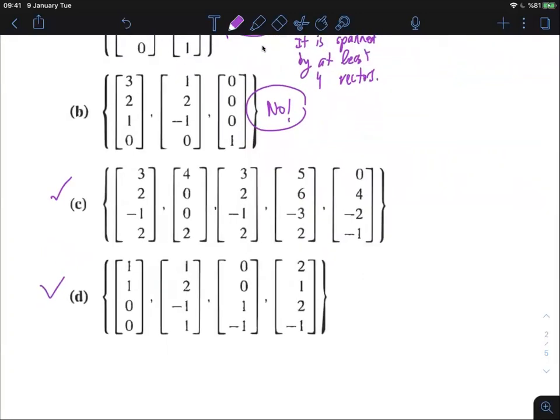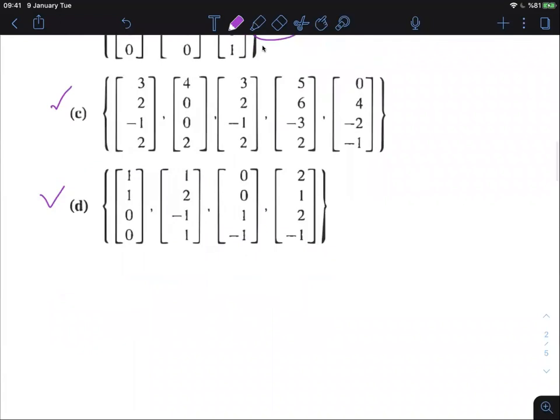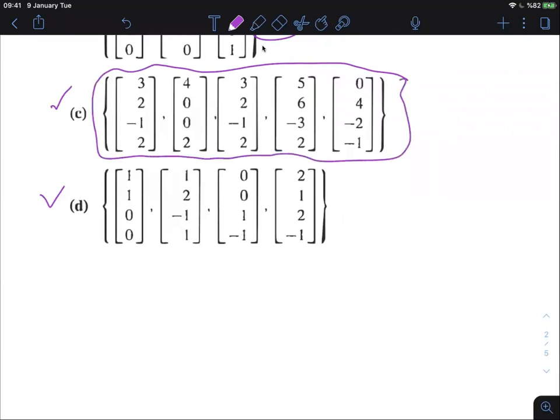Possible does not necessarily mean it will be, right? It may be yes or no. We don't know the answer. So what you want to do in this case is find the number of linearly independent vectors here.